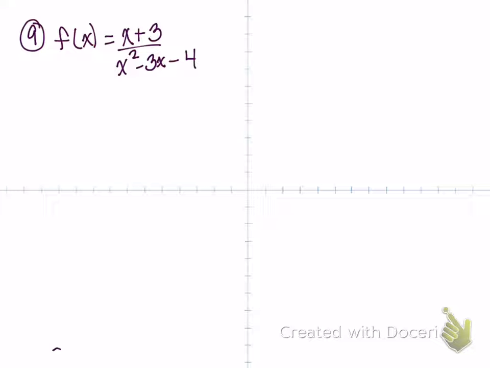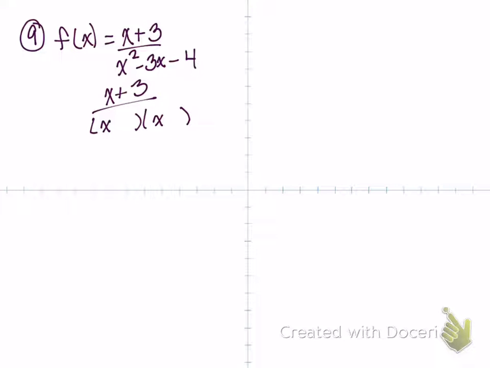and on the bottom I have x squared minus 3x minus 4. So I'm going to factor that. I have x plus 3 over x plus or minus something times x plus or minus something. I'm looking at a sum of -3 and a product of -4.